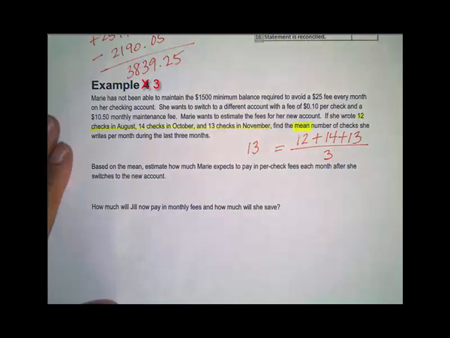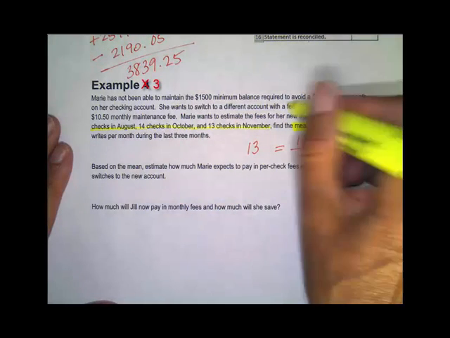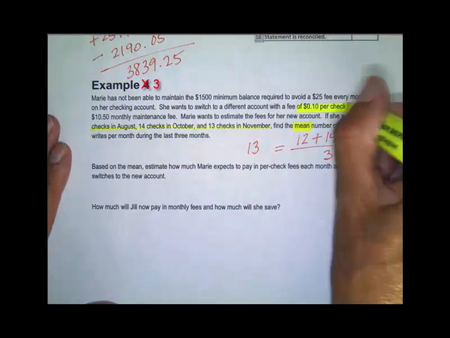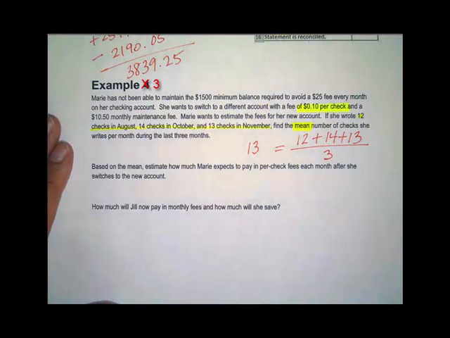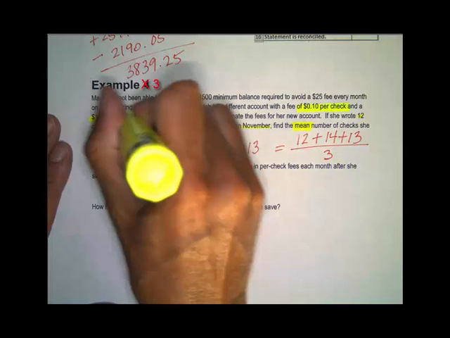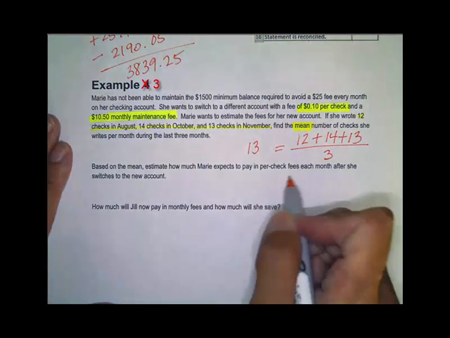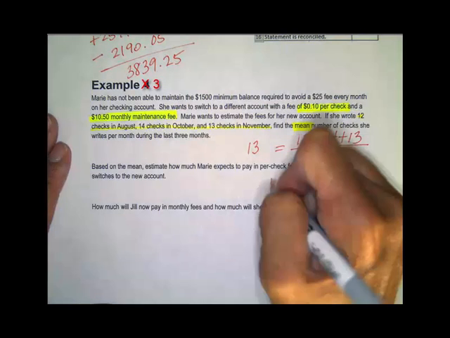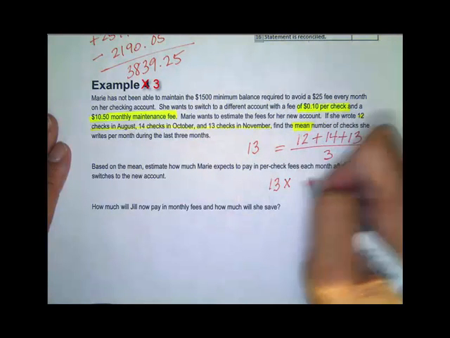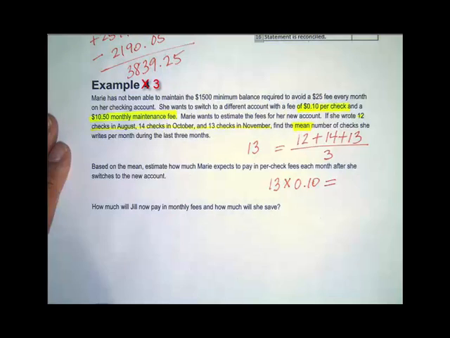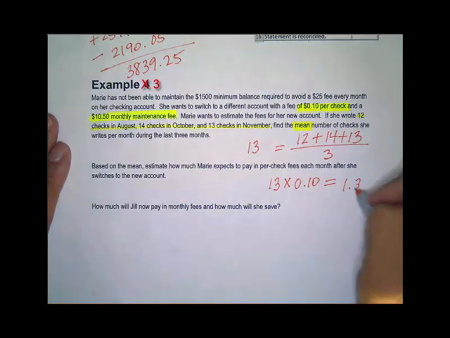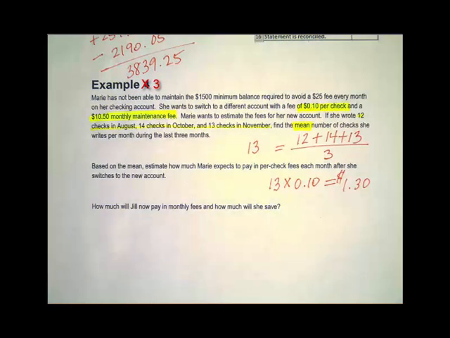So her fee for the new account is 10 cents per check and a monthly maintenance fee of $10.50. So they want to know just the per check fees. So 13 checks times 10 cents is $1.30. So she's going to pay $1.30 in check fees if she writes 13 checks a month.